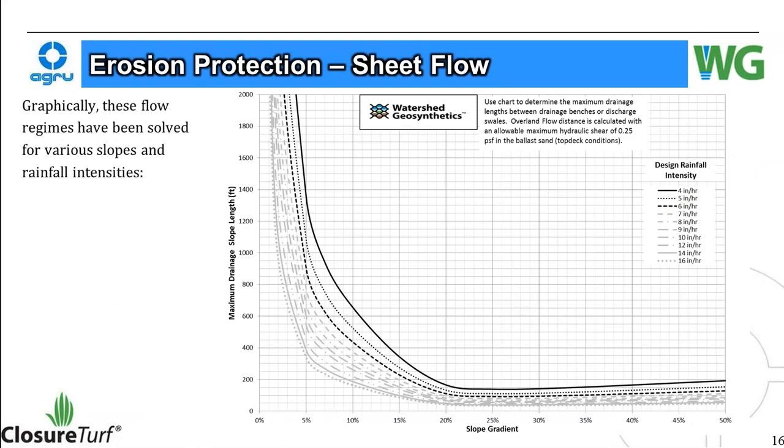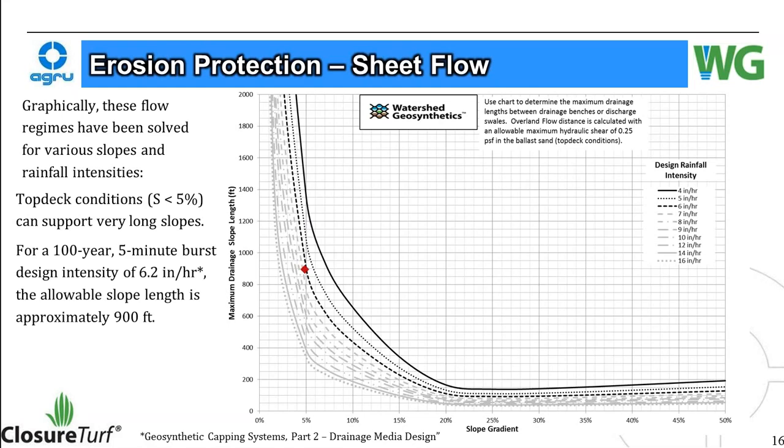Now, graphically, we've solved these flow regimes for various slopes and rainfall intensities. Pulling an example from one of our previous webinars, top deck conditions, say 5% or less, can support very long slopes, as you can see here along this 5% line for typical rainfalls, and then the more intense rainfalls up here, anywhere along this 5% line.